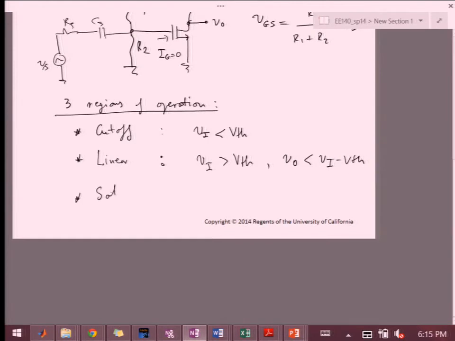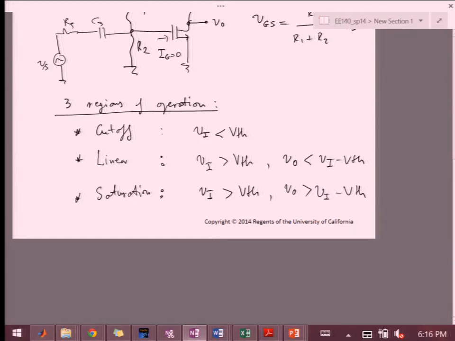The one we're really interested in working in, because it's a near constant current for a given gate voltage, is the saturation region, which is equivalent to the forward active region of the bipolar transistor. Here VI is greater than threshold, so the transistor is on, but VO is greater than VI minus VTH.